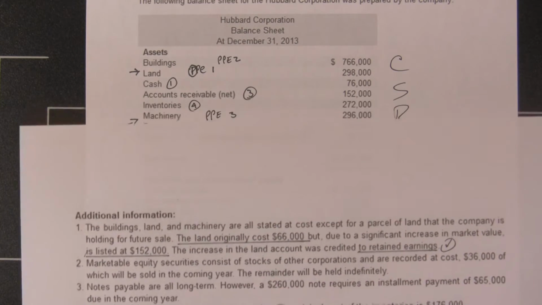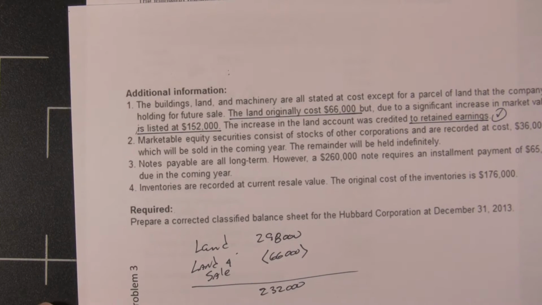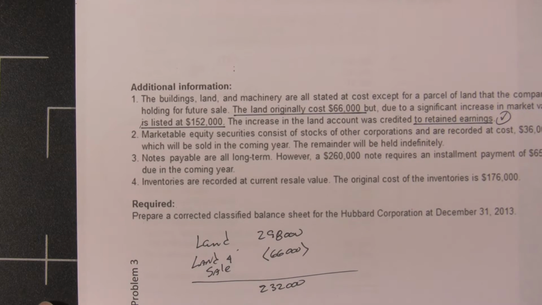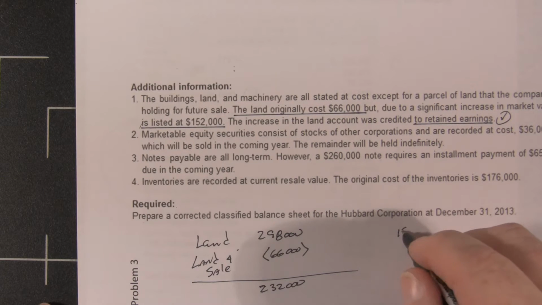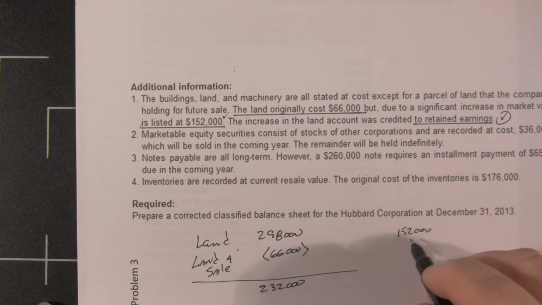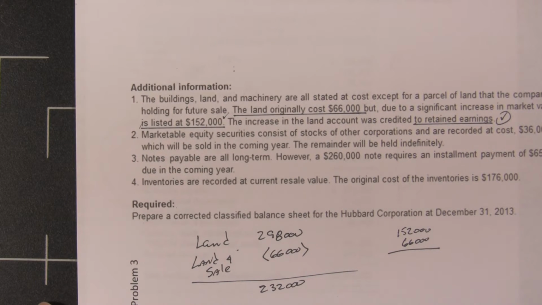So we're that far so far, and we know that the land that we're carrying is at $152, because they tell us that. Okay, and we need to find out what was the illegal increase. So it was 66. We marked it up to 152. That's an increase of $86,000.